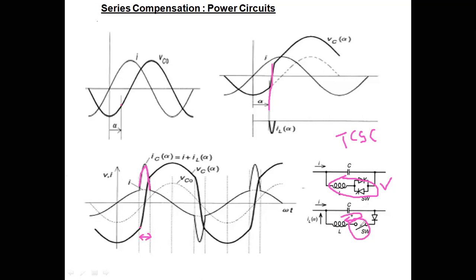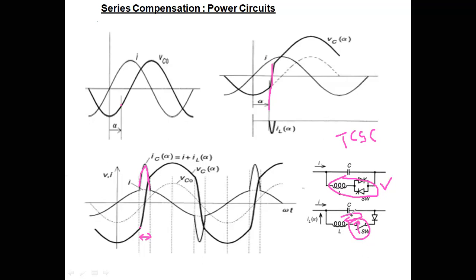Whenever this switch is on, this XC circuit is also called a tank circuit. Generally, once the capacitor and inductor are connected in parallel, you call it a tank circuit, and it oscillates, LC oscillation, as you see in the transients in second year. The voltage and current waveforms will be reversed.